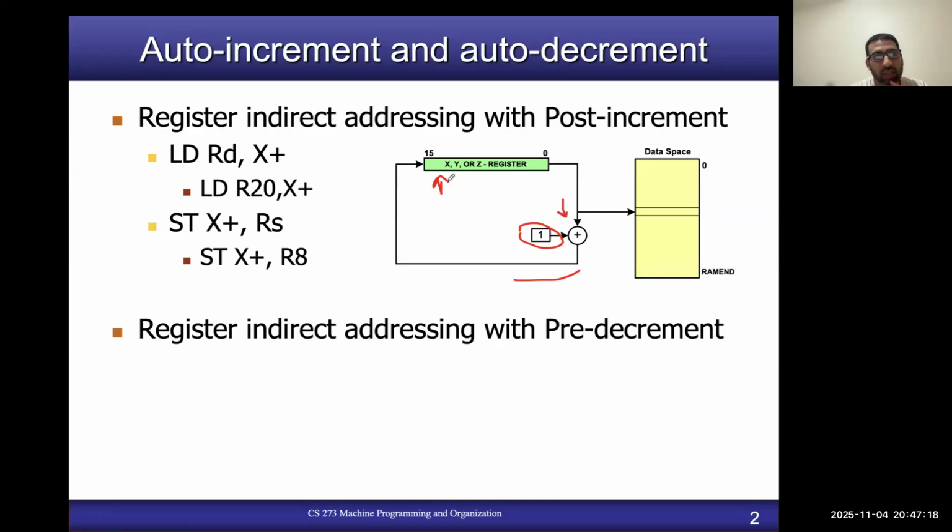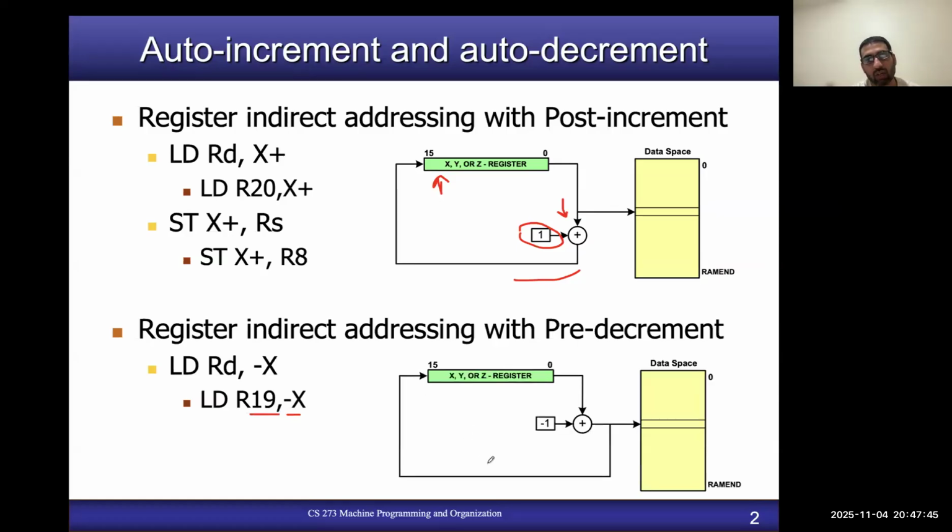Register indirect addressing with pre-decrement is similar, but it uses decrement, and first the address is decremented and then you access it. For example, if you say load R19, comma, minus X, it means that first you decrement the address in X, and then use the resulting address to access the memory.